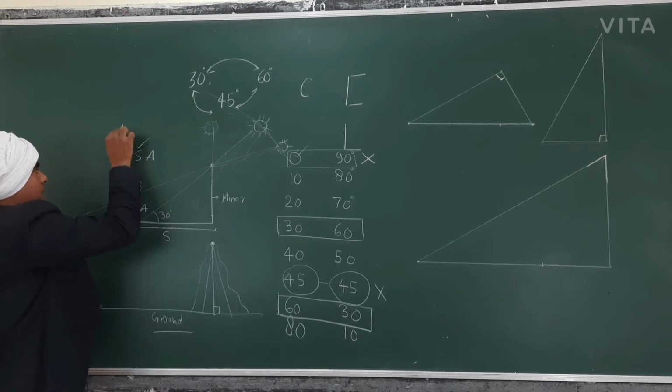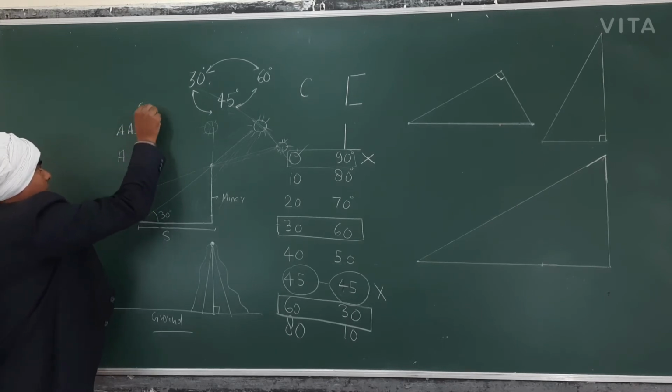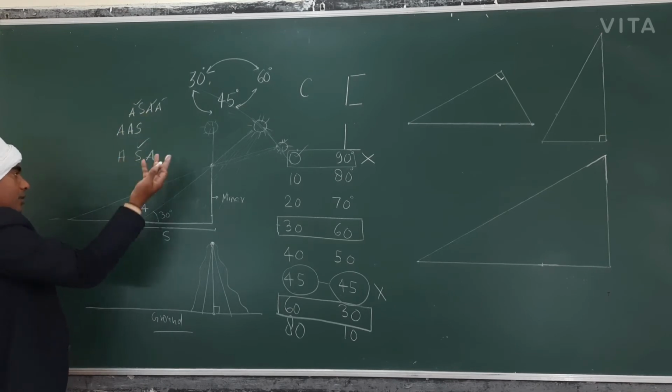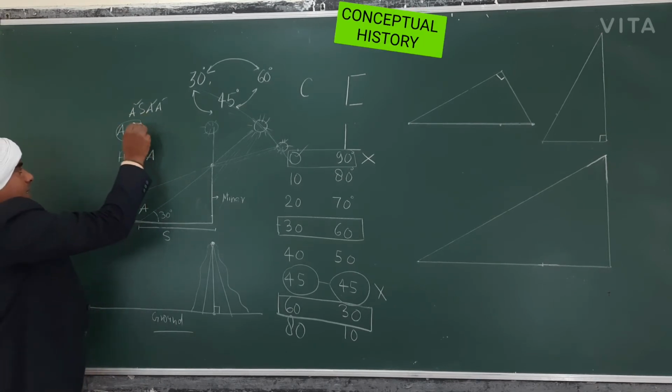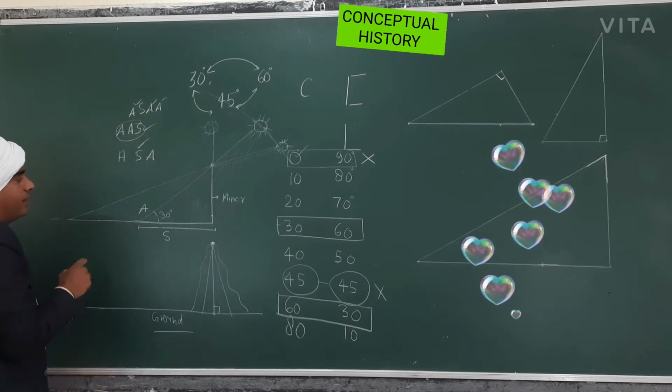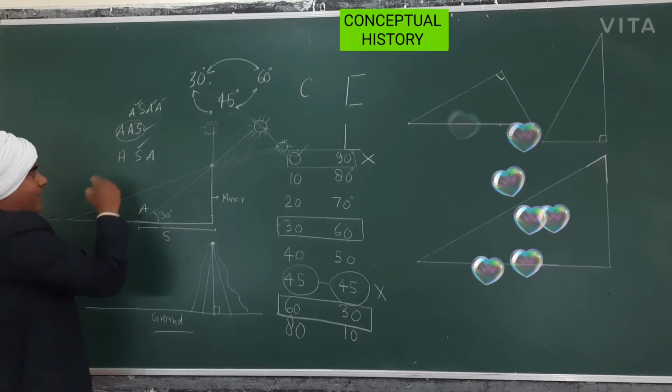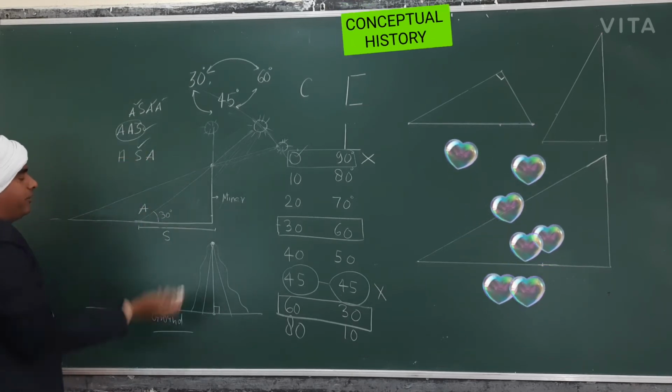So sometimes it appears to be AAS or ASA. Two angles means all three angles.